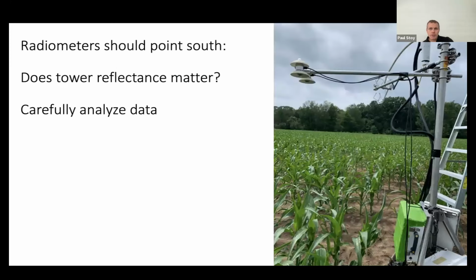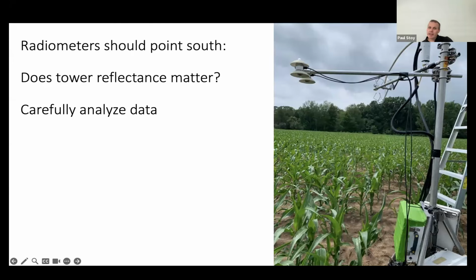So along those lines, when it comes to looking at the data, radiometers, we should probably point them toward the south, or the north in the southern hemisphere, where the sun mostly is. And there's still going to be some aspects of reflectance because the towers are mostly going to be metal. Here we have put green tape over our reflective logger box to help with that reflection.